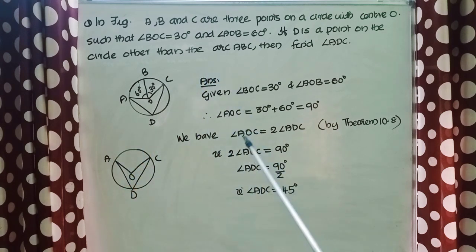So we can say angle AOC equal to 2 angle ADC. Angle AOC we have found here, it is 90 degree. So we can write 2 angle ADC equal to 90 degree. Angle ADC equal to 90 degree divided by 2, that is angle ADC equal to 45 degree.